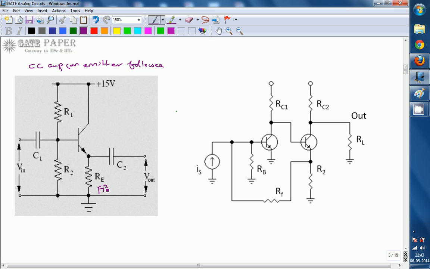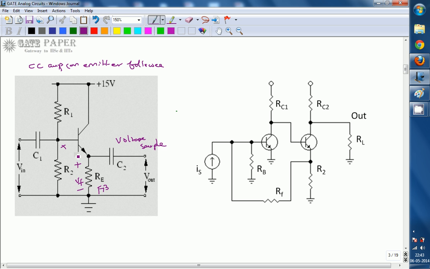So the feedback element and output are going to be at the same node, so this is going to be voltage sample. And V input is this one, and the voltage across RE is going to be VF. The feedback signal is nothing but the voltage across RE, so it will be in series.